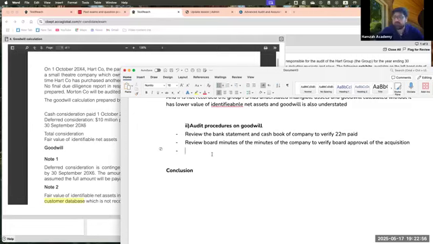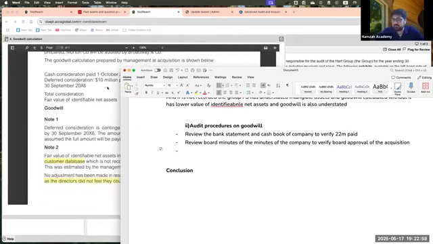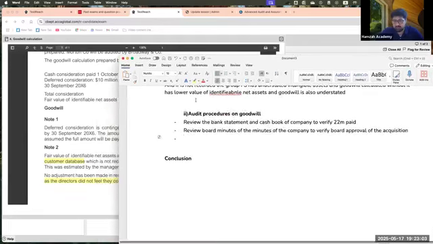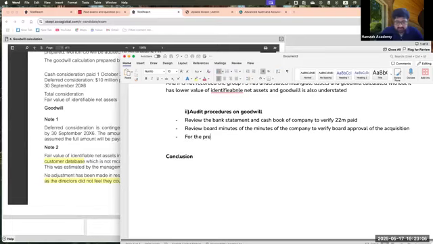Students, now deferred consideration is there. You see here, deferred consideration, 8.3 million. For the present value of deferred consideration, obtain management calculation and review it for arithmetical accuracy.